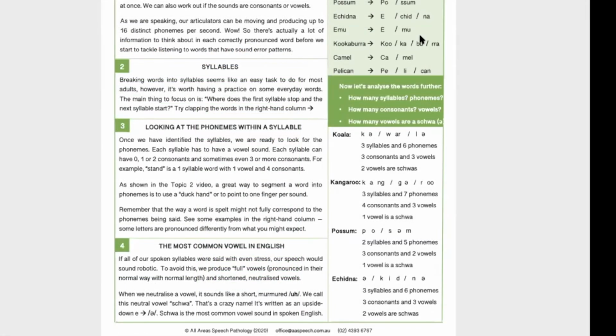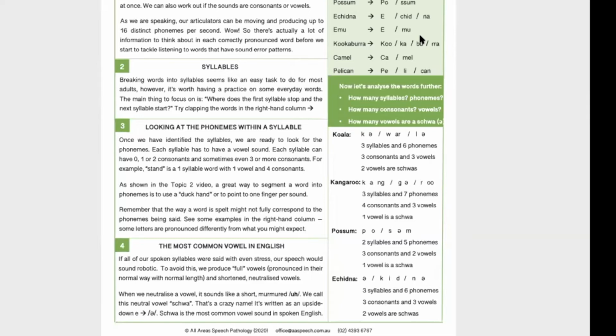So number 2 there about syllables, that's what we've just done with our warm-up. And number 3, looking at the phonemes within a syllable. We started to do just phonemes on their own, but now we're going to look at a 2-syllable word. We want to look at the syllables, doctor, and then we want to look at the phonemes in each syllable, doctor.